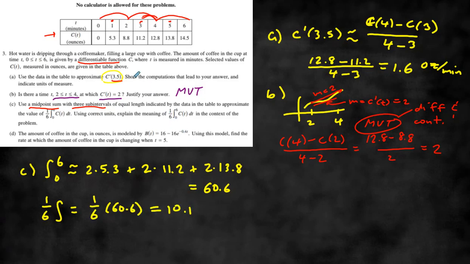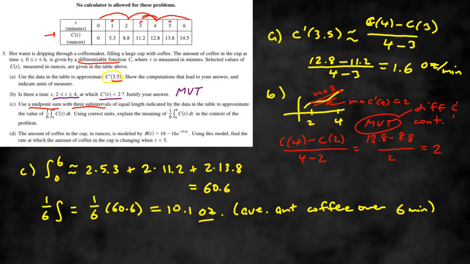The units here are going to be ounces, because if you remember, what we're doing is finding an average value of the function. The function is in ounces, so this would be the average amount of coffee in the cup over the 6 minutes. We'll just write that real fast.